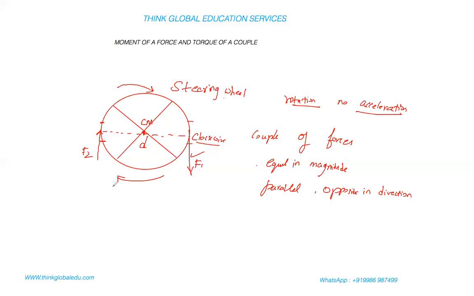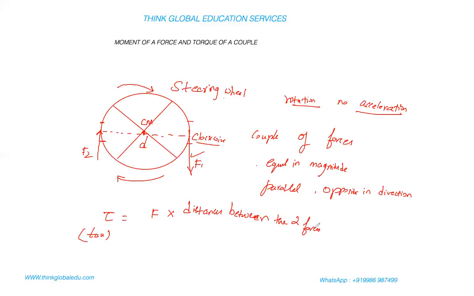The torque of a couple is measured by, you can write the torque as the letter tau. This tau is equal to one of the forces, F, multiplied by the distance between the two forces.